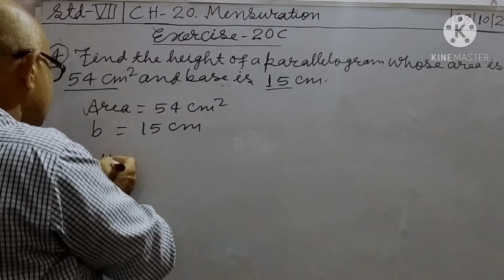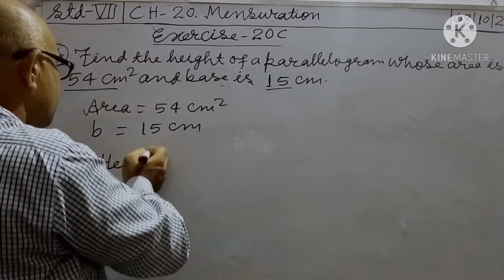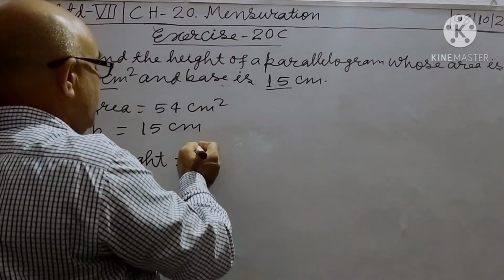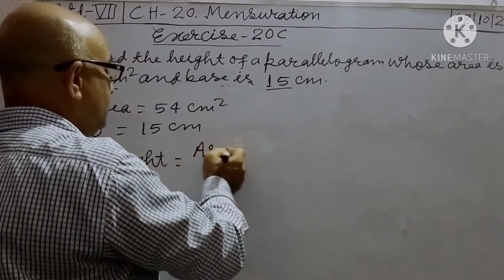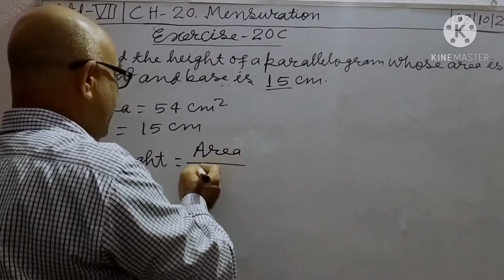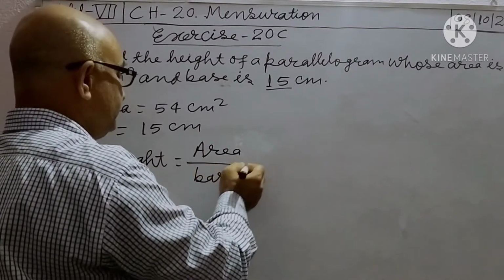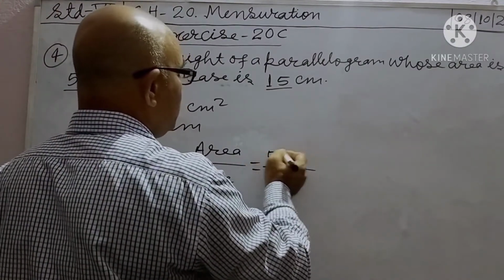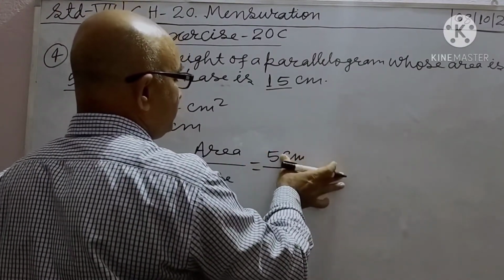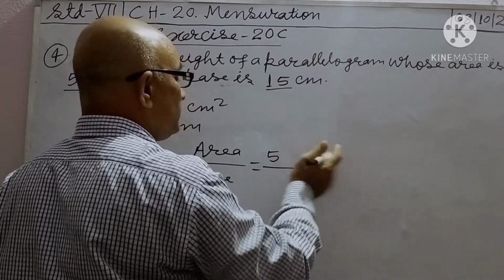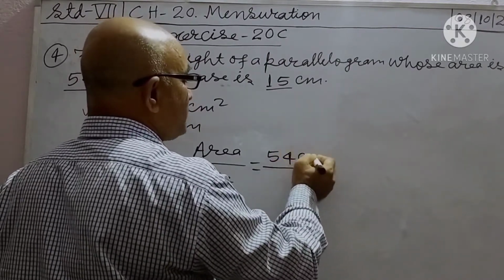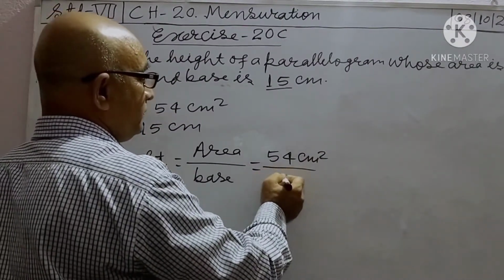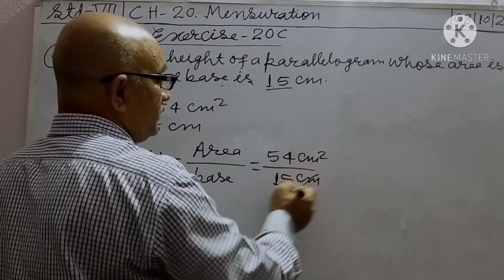Therefore, height equal to area by base equal to 54 cm square divided by 15 cm.